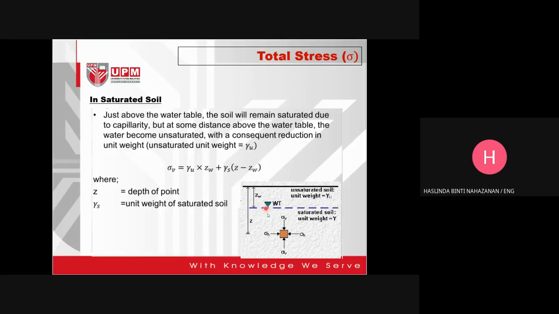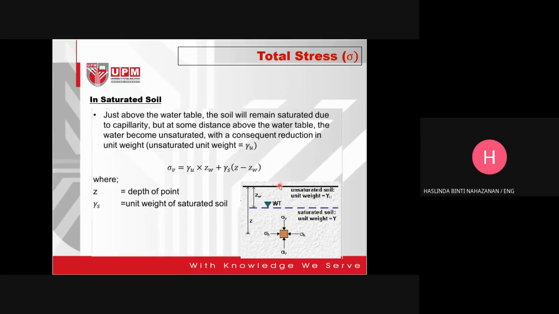So let's say we are talking about effective stress at this point. If you can see my pointer here, it is gamma Zw, which is unsaturated, plus gamma saturated for this layer multiplied by this depth Z minus Zw. At this point we have a combination of two different unit weights.